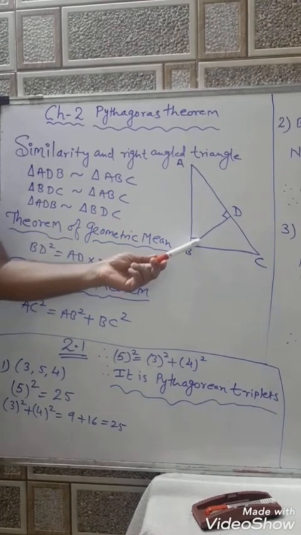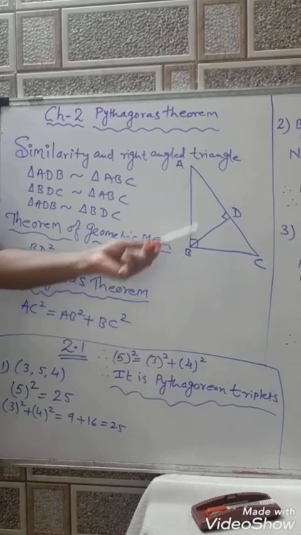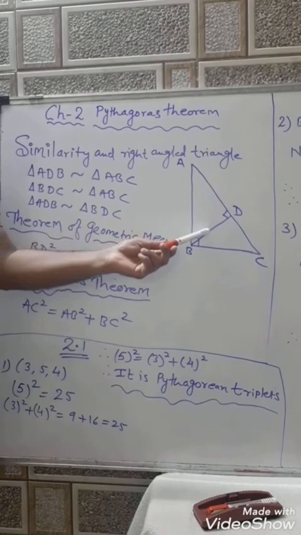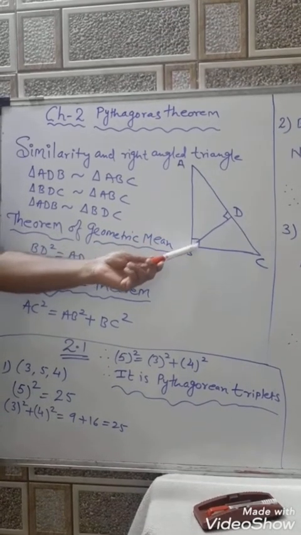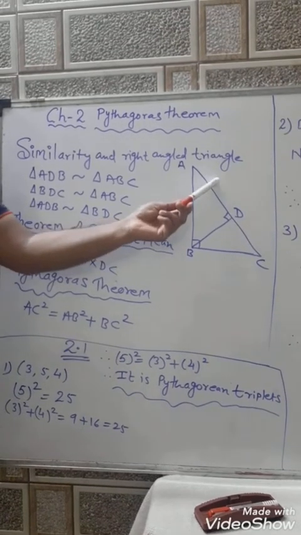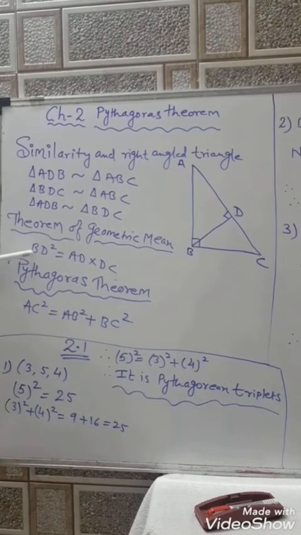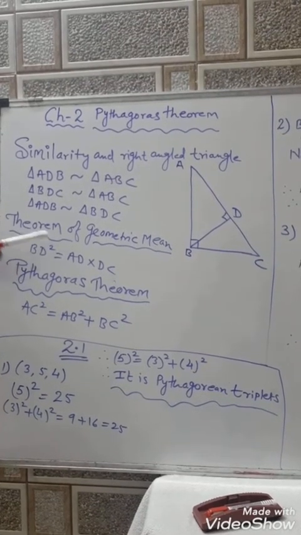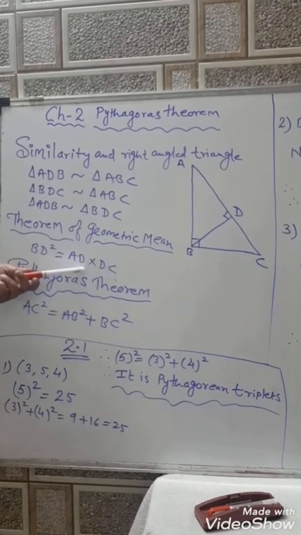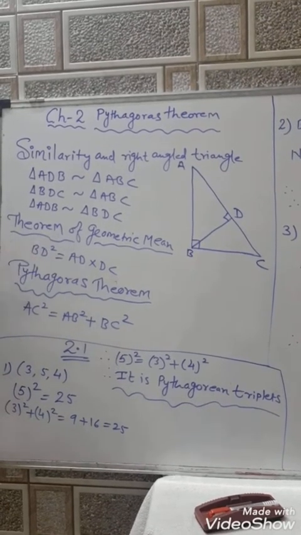Always the vertical line which divides the angle and side in two parts is known as the geometric mean. Here BD is the geometric mean. So we get BD square equals AD into DC. The square of the geometric mean equals the product of those sides. That theorem we have to use for many sums.